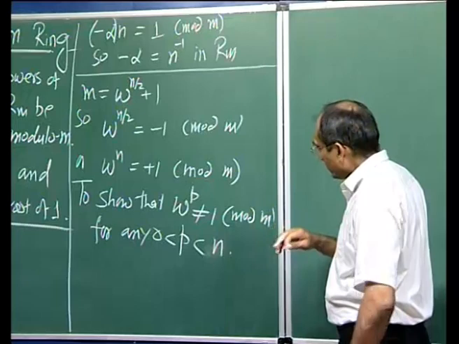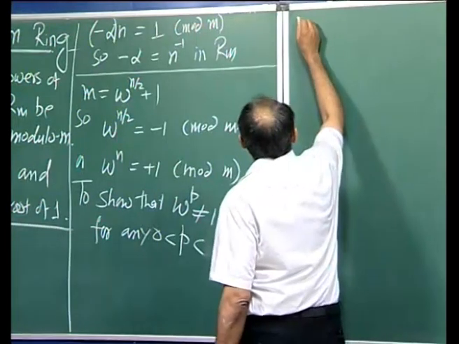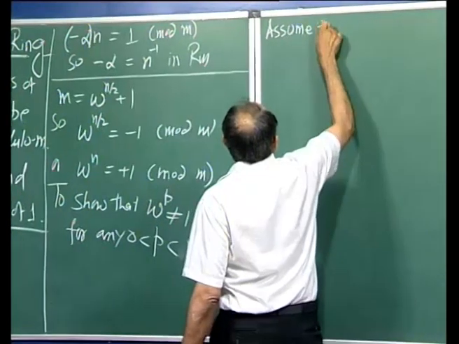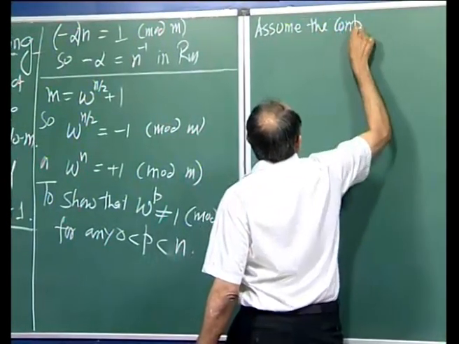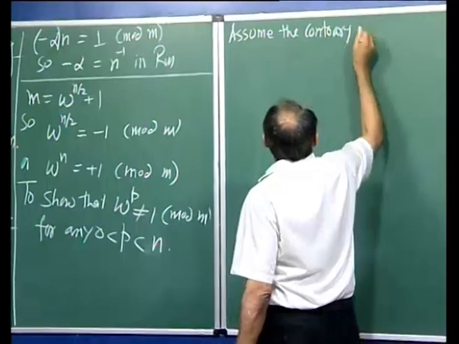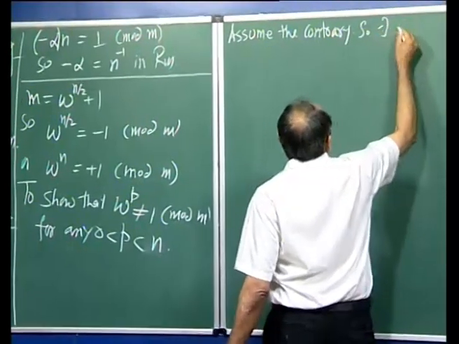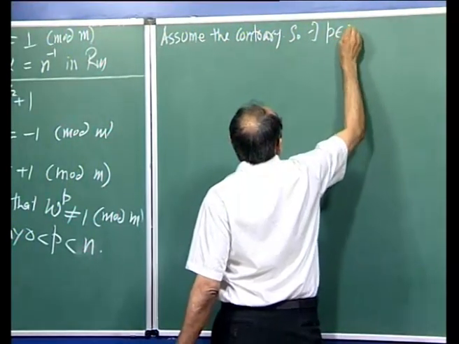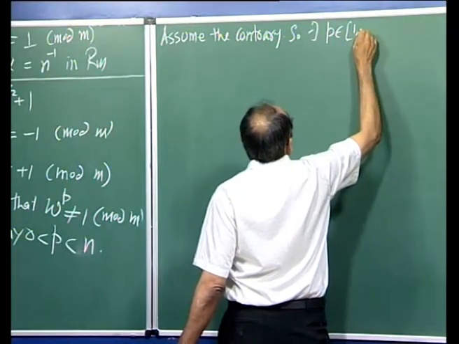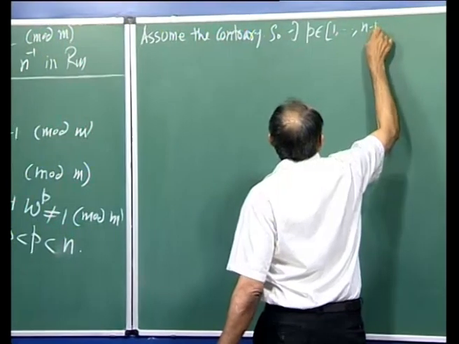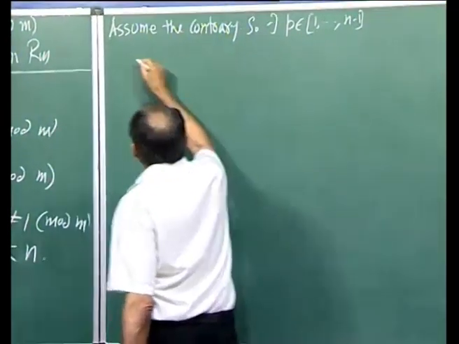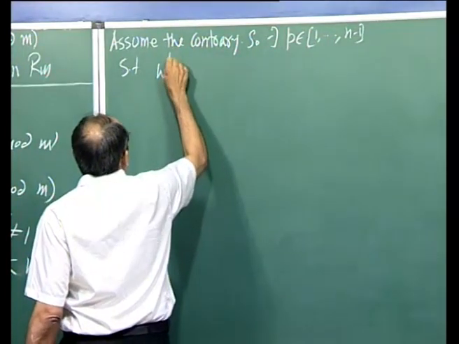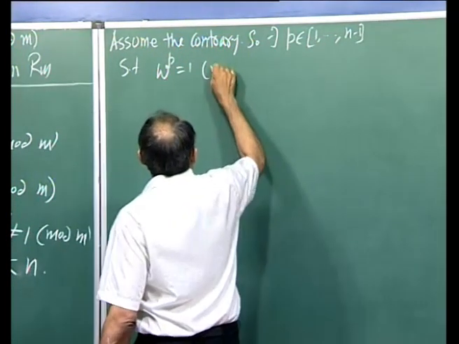Now, assume the contrary. So, there exists a p in the range from 1 to n minus 1 such that w power p is 1 mod m.